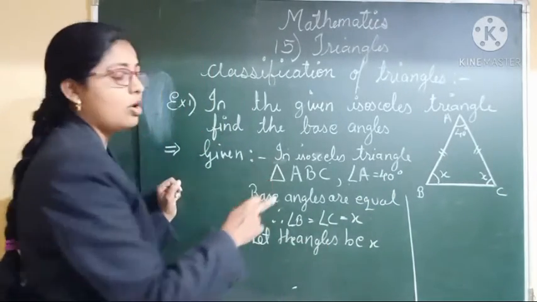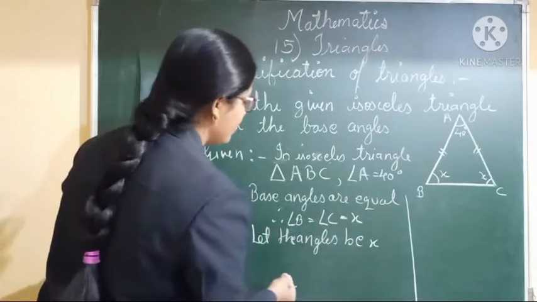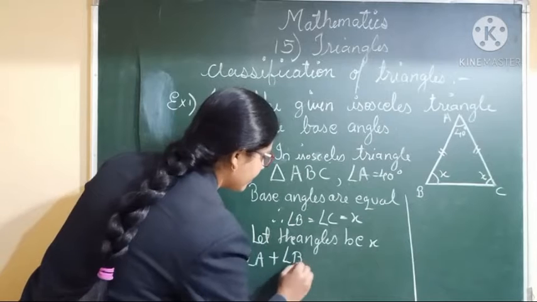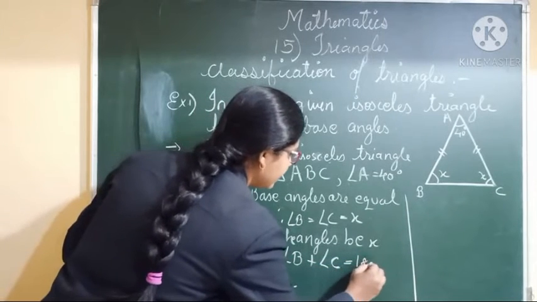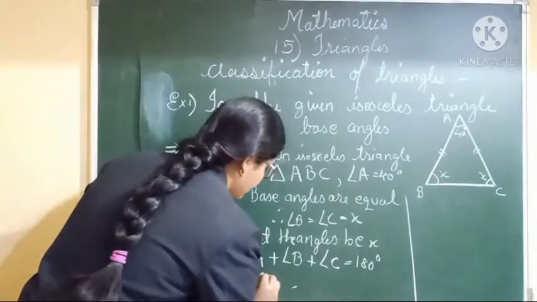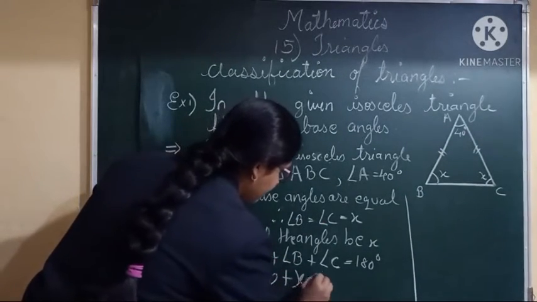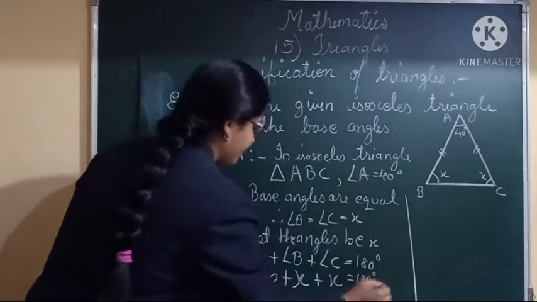So the sum of all the interior angles equals 180. That we have to write down. Angle A plus angle B plus angle C equals 180 degrees. Angle A is 40 plus x plus x equals 180.